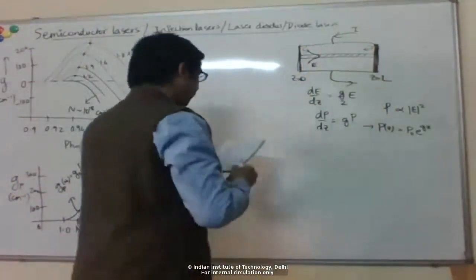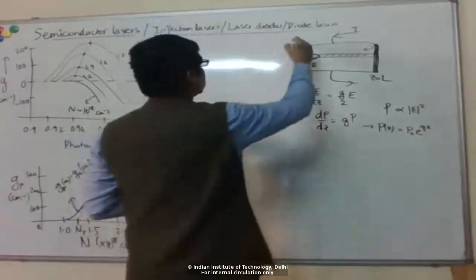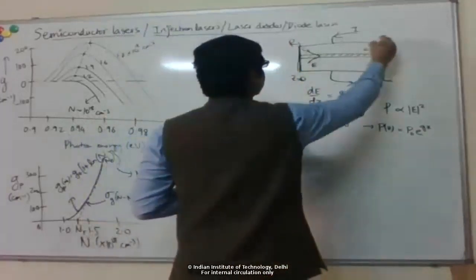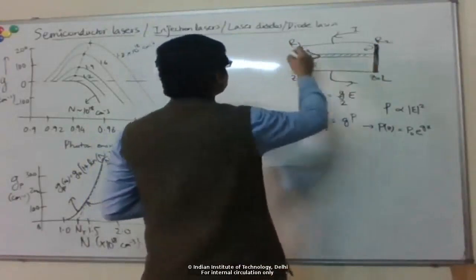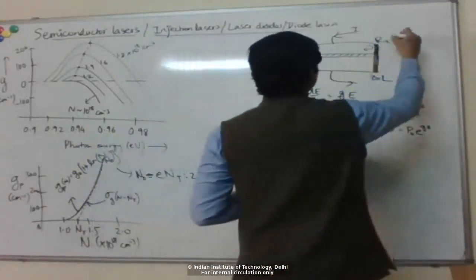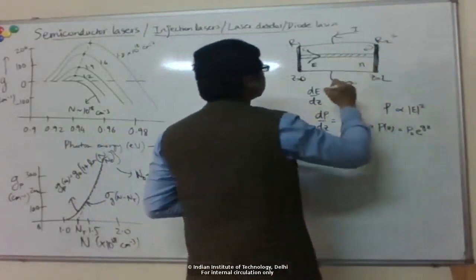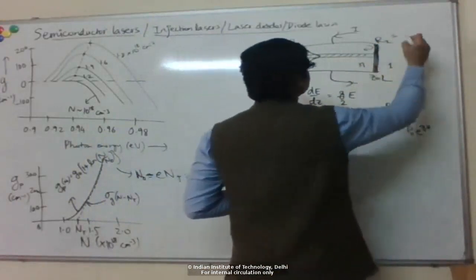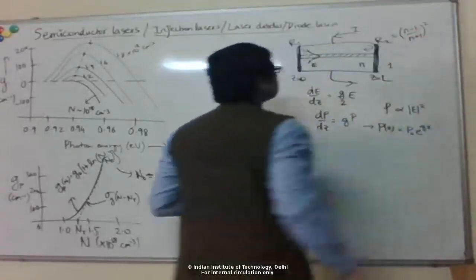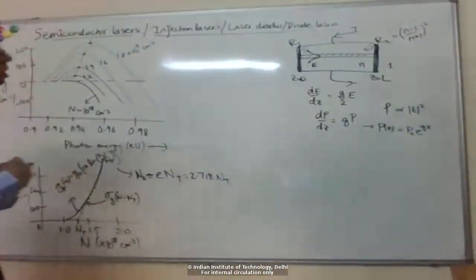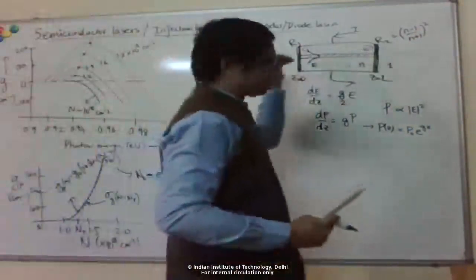These are acting as mirrors, so you have some reflectivity R1 here and R2 here. If it's just cleaved facets, then with refractive index n inside and 1 outside, the reflectivity is just ((n minus 1)/(n plus 1)) squared. That's the reflection coefficient for normal incidence.